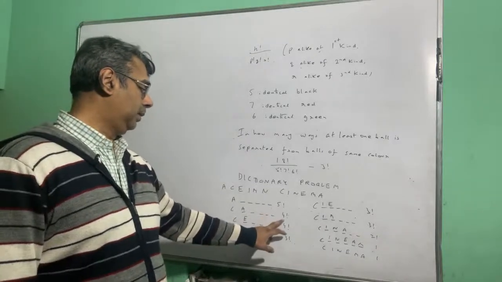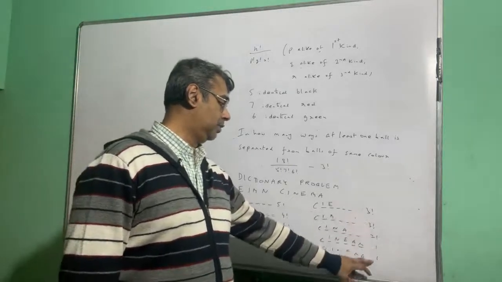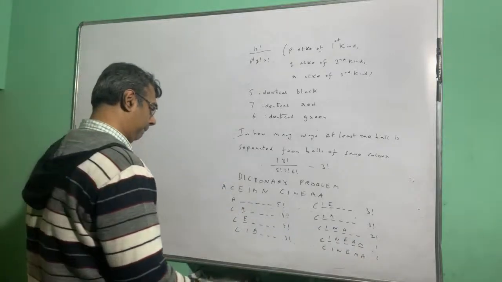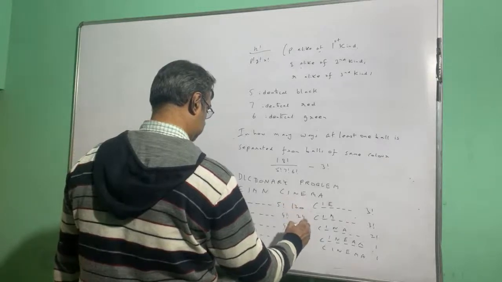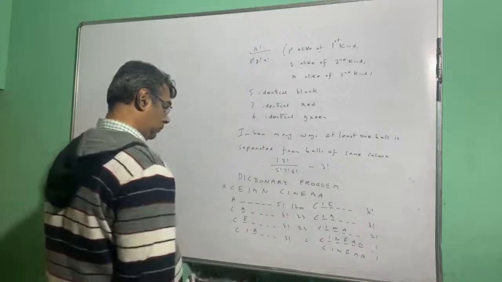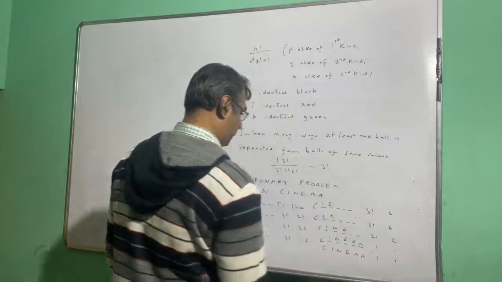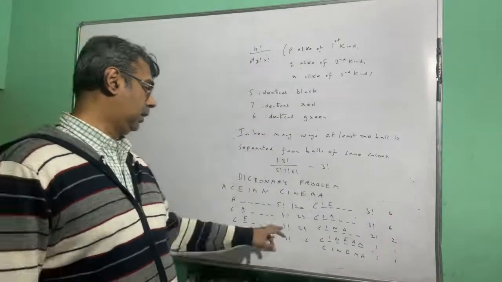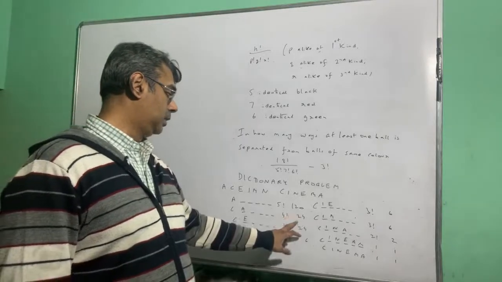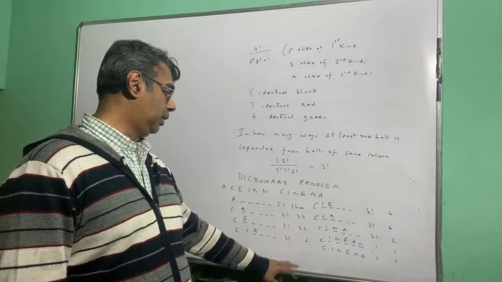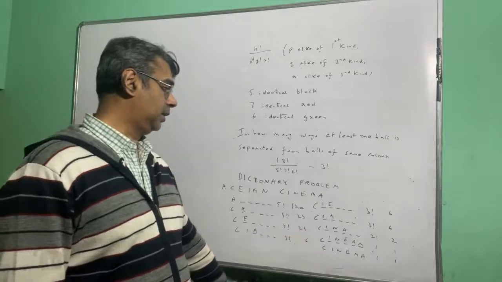So 120 plus 24 plus 24 plus 6 plus 6 plus 6 plus 2 plus 1 plus 1. So let's add the whole thing. 120 plus 24 is 144. 144 plus 24 is 168, plus 6 is 174.